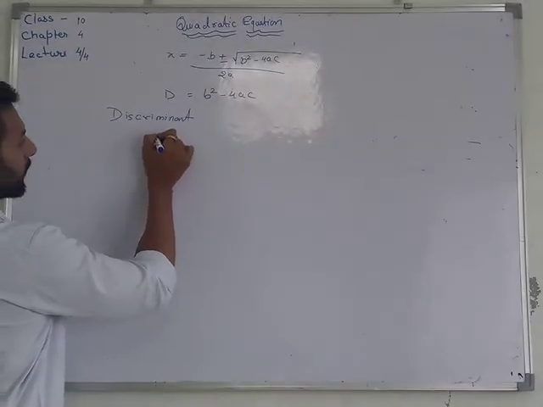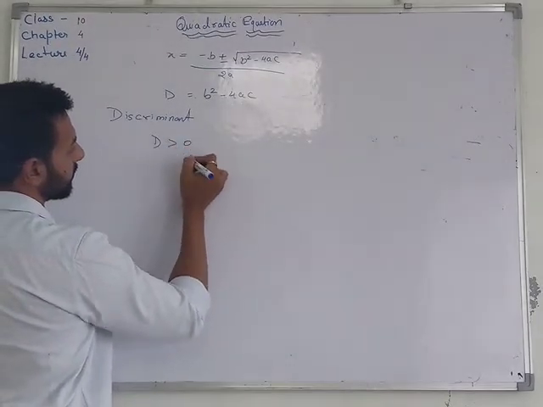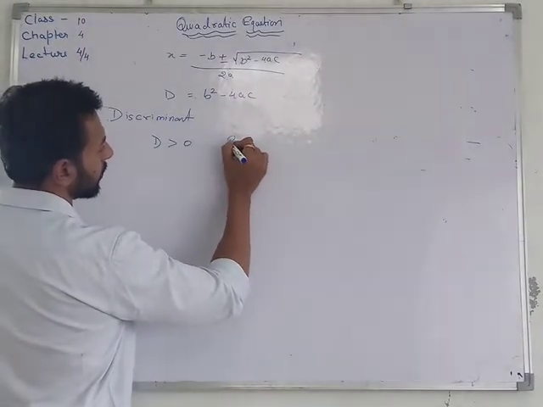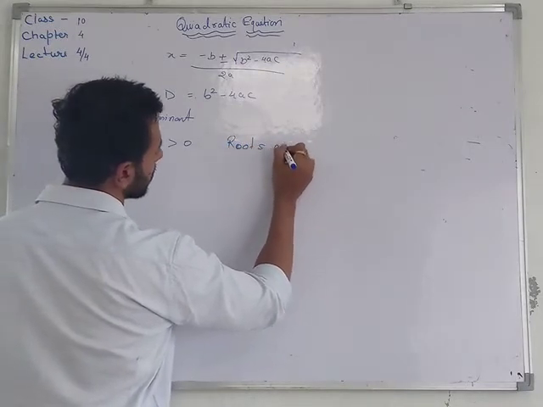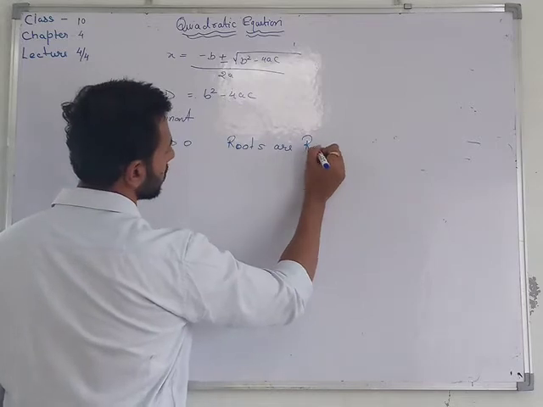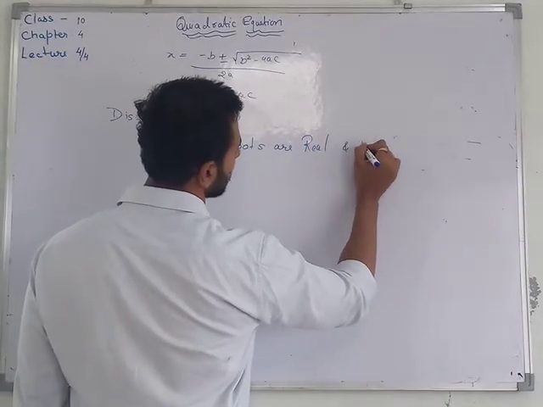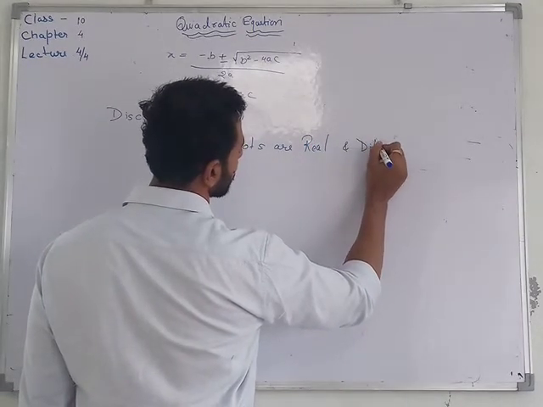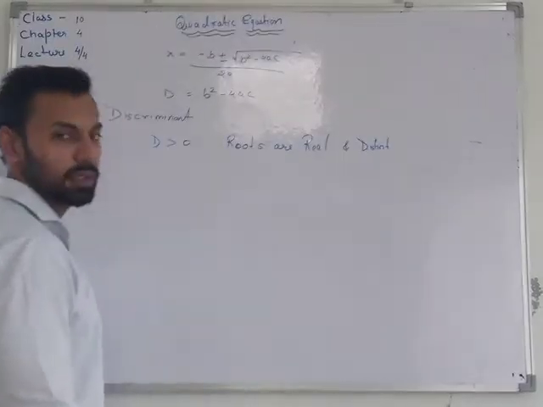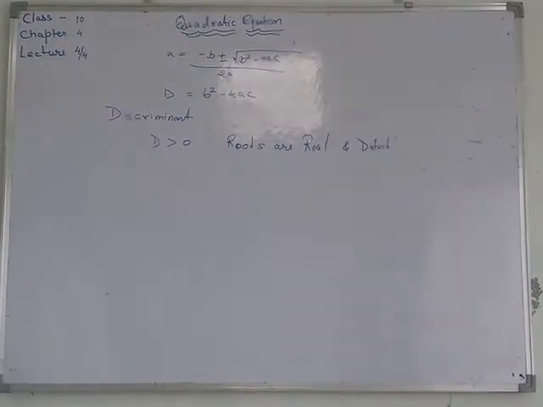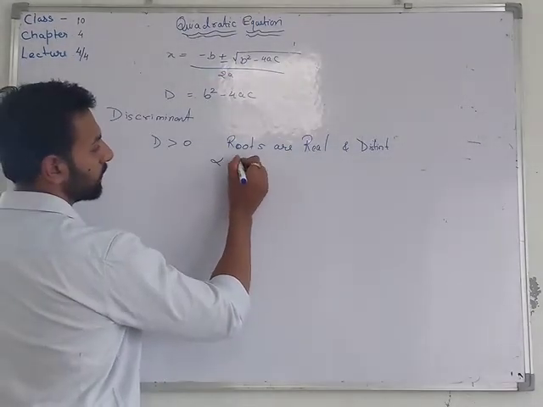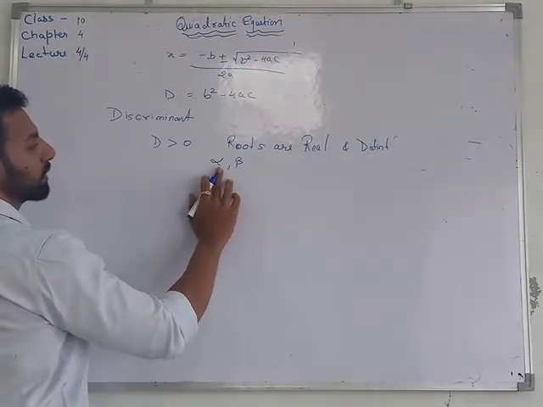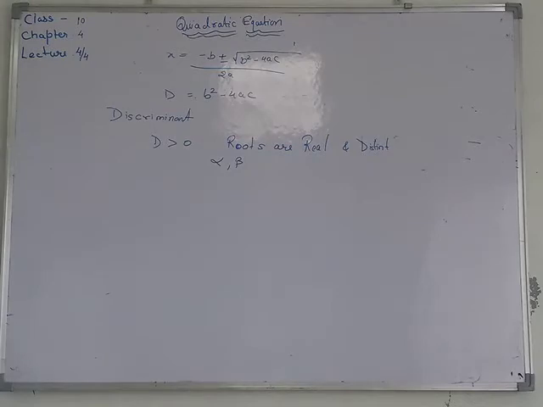Suppose d comes out to be positive, then roots are real and distinct. Distinct means different values. Suppose alpha and beta are the roots, so we will be getting two different values of alpha and beta.